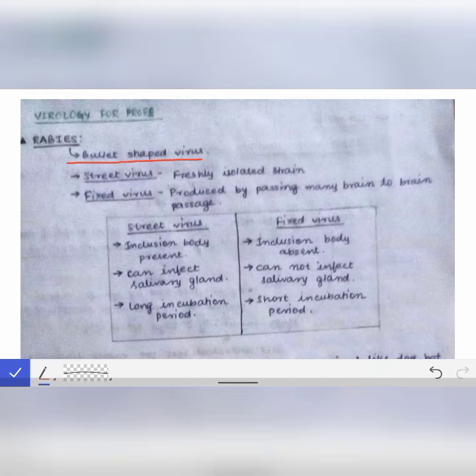And regarding the strains of the virus, we have two strains, the street virus strain and the fixed virus strain.